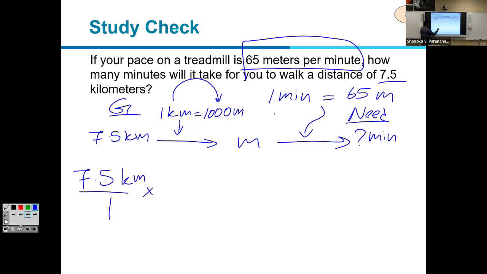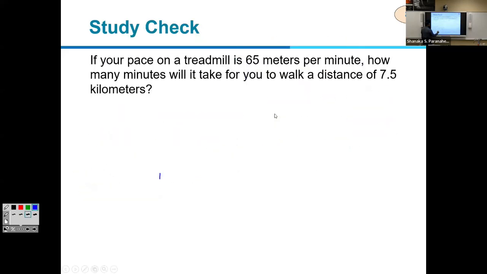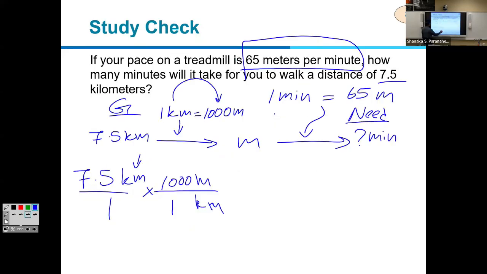Now we can set up our calculation like this. 7.5 kilometers multiplied by a factor, kilometer in the denominator, and meter should be the numerator. Kilometer value is 1, meter value is 1000. Kilometer and kilometer cancel. The next factor converts meters to minutes.